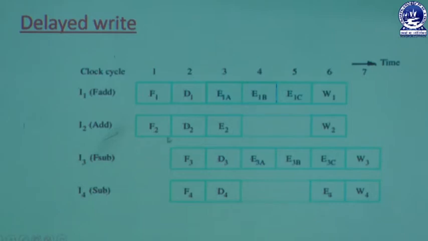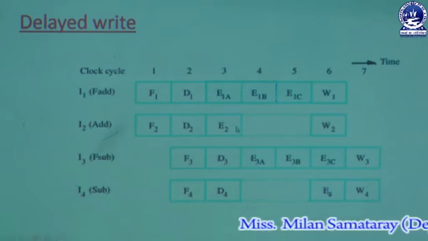The result of I2 is written back into the register file in cycle 4, because when we are executing a floating point instruction, it needs multiple clock cycles to complete its execution. But in the case of integer, one cycle is enough. So the result of I2 is written in the register file in clock cycle 4.